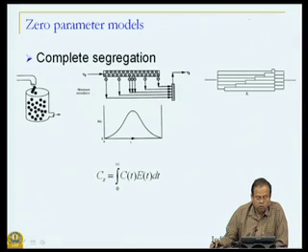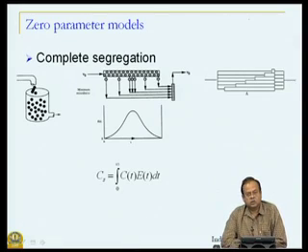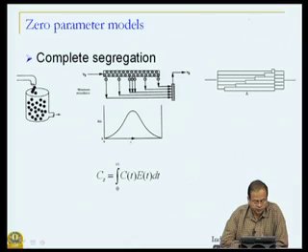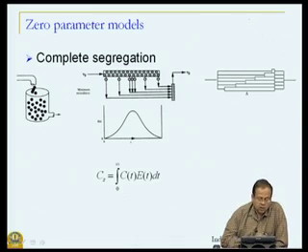So, how do we deal with this situation? Let us say that we can look at the situation of complete segregation, which we call zero parameter models. Let us look at it in a way that the equivalent in the time domain is what happens in a plug flow reactor in a residence time domain.